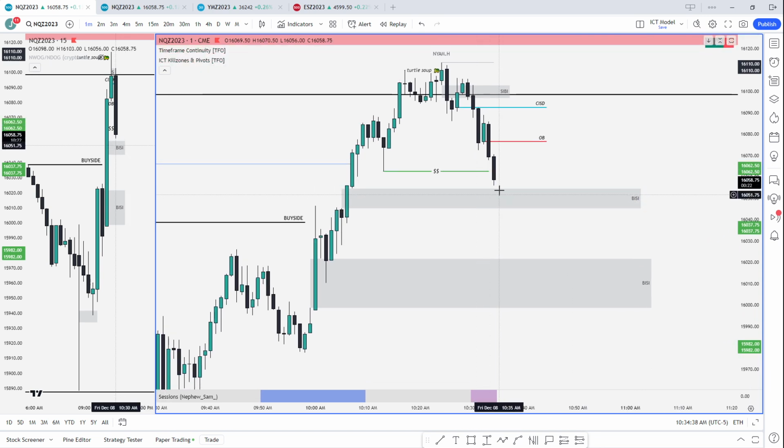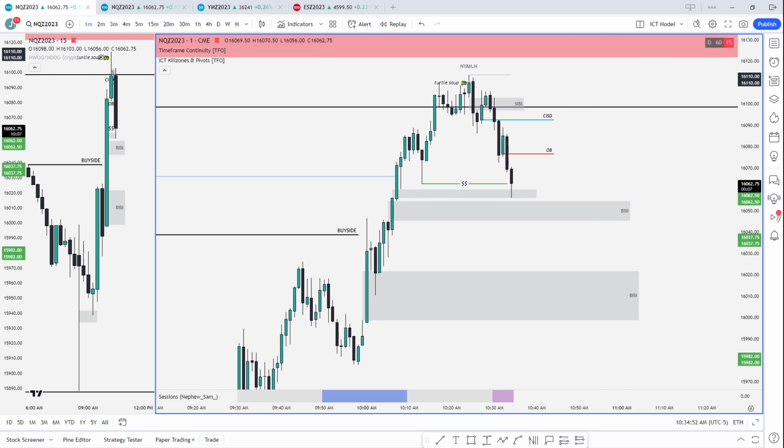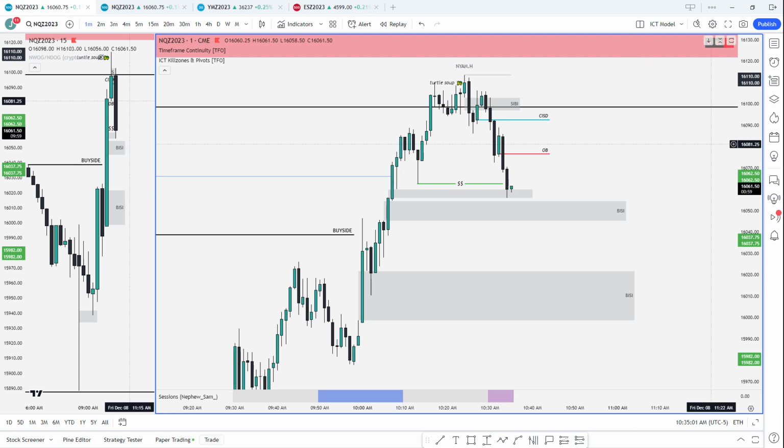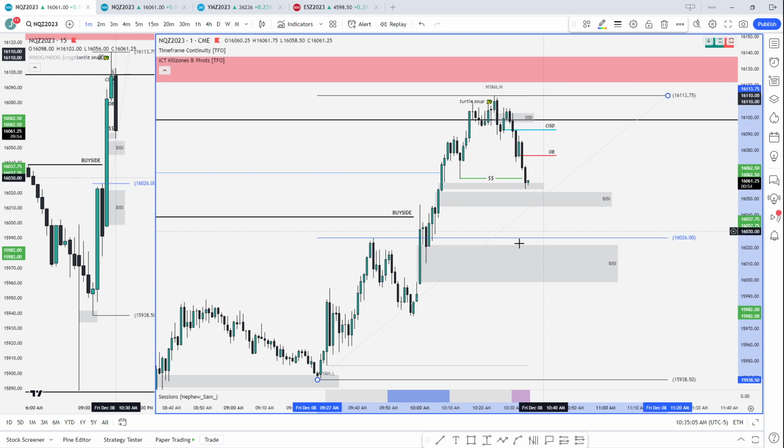See it running down. Watch how we react to this gap now. Order submitted. We filled it, this tiny portion. Within discount though, still see it return into this BISI.